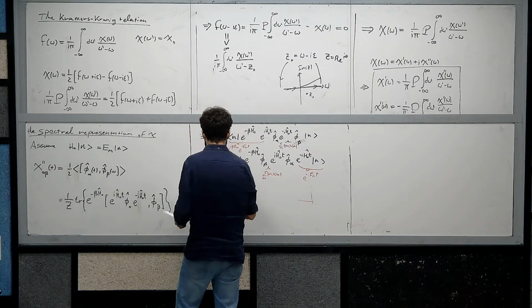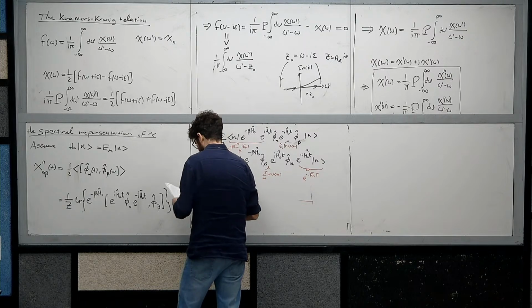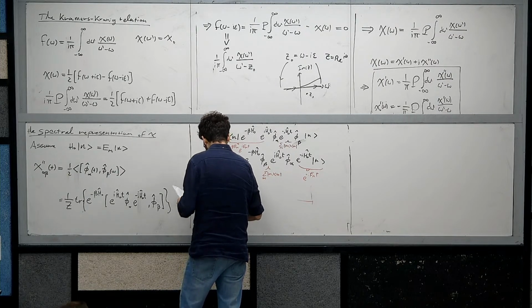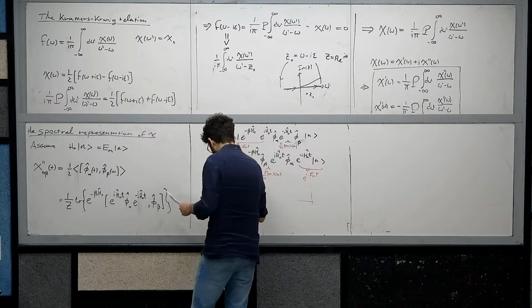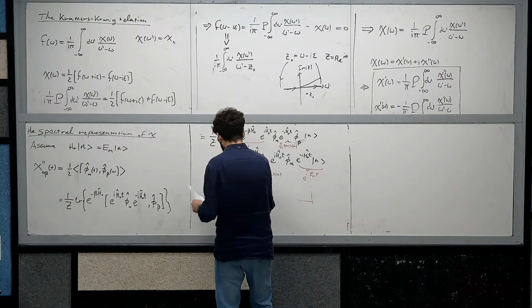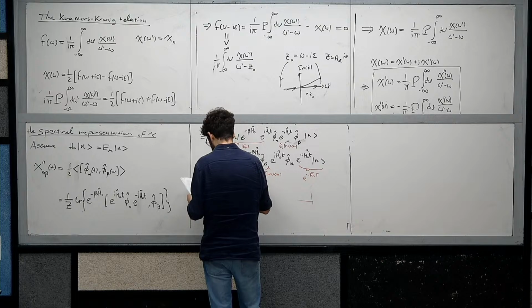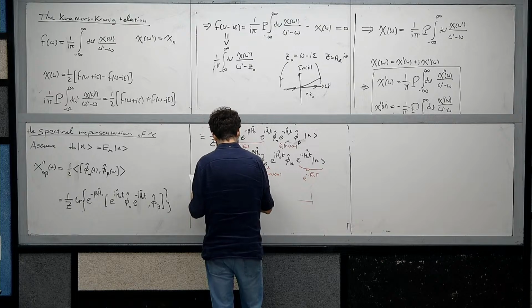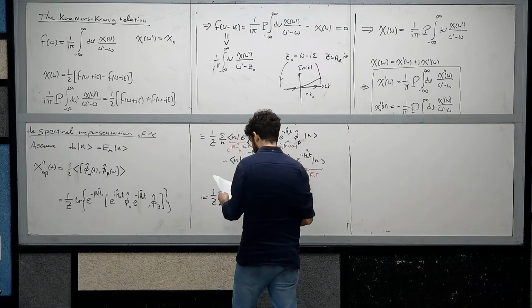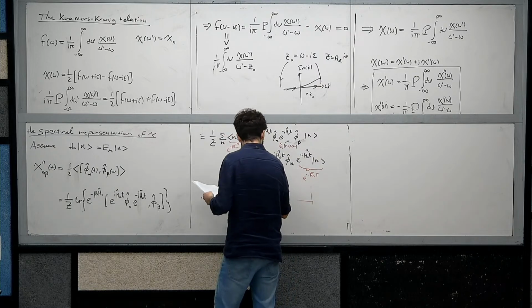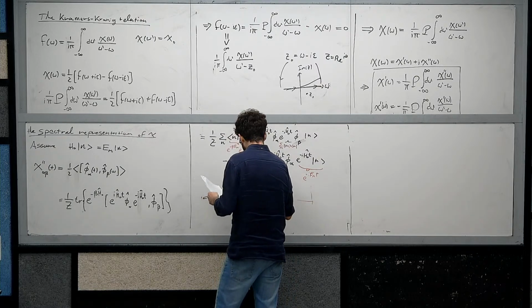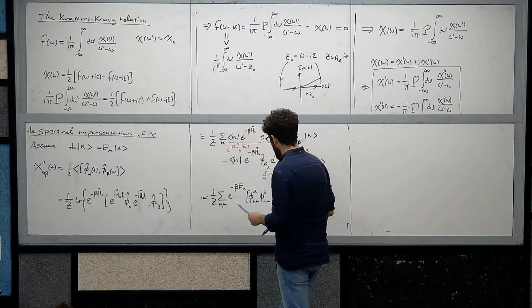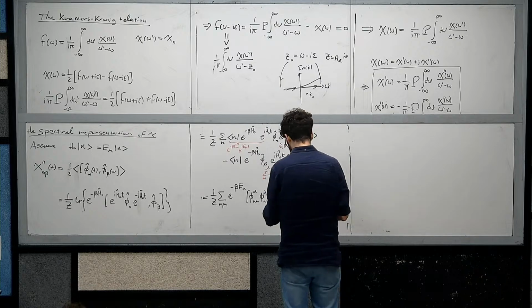So I have 1 over Z, sum over n and m, which are the energy states, e to the minus beta E_n. Then I have phi alpha nm, phi beta nm, which are the matrix elements of these fields.